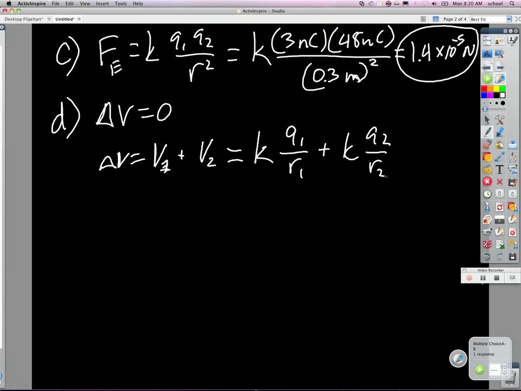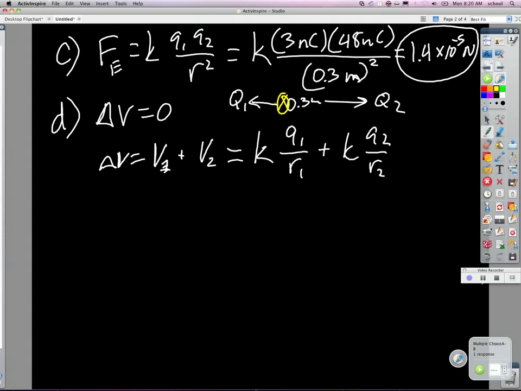Okay, so I think you can see what we get here. K Q1 over R1 is equal to negative K Q2 over R2. And the thing that helps us be able to do this is we can say R1 plus R2 equals 0.3 meters. That's key right there.